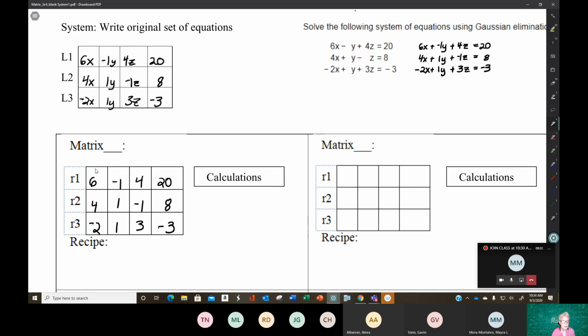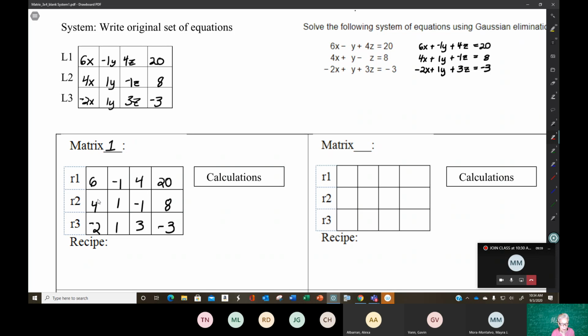Okay, that's the way we start, and this is matrix number 1. Now remember, our goal is going to be, we're going to be using a Gaussian elimination. And so when we do that, actually when we use the other method too, we have this goal.